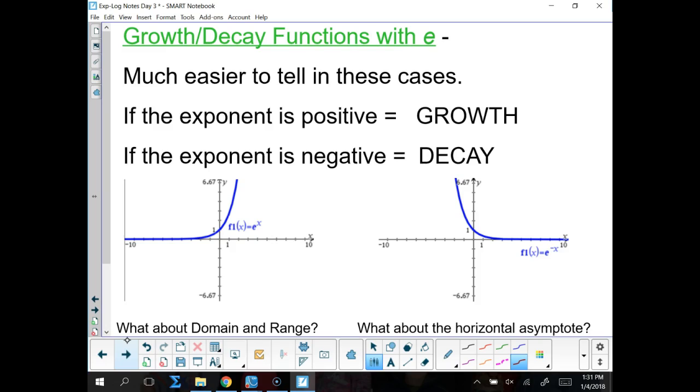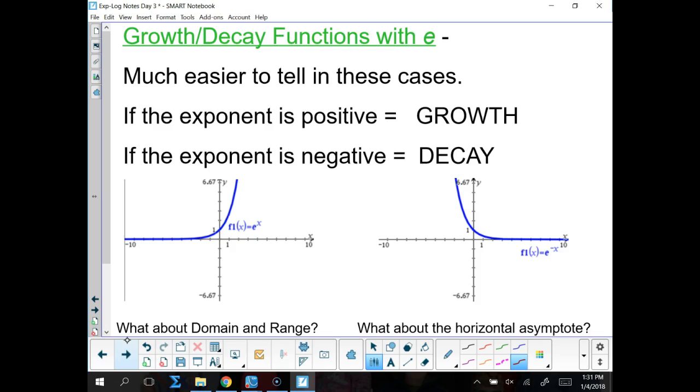Okay? With e, that base is locked in. It's 2.718 something, something, something. Okay? It's locked in. So that doesn't change. The cool thing is that if the exponent is positive, it's a growth.